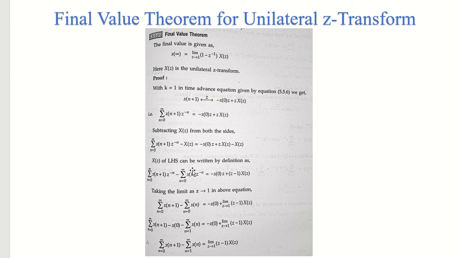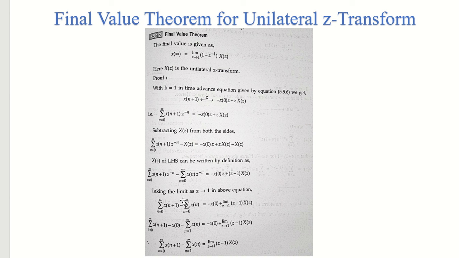So what did we do here? We took z raised to minus n common on both sides, and then, sorry, we didn't eliminate anything. This will basically be the formula of the Z transform of x of n, right?